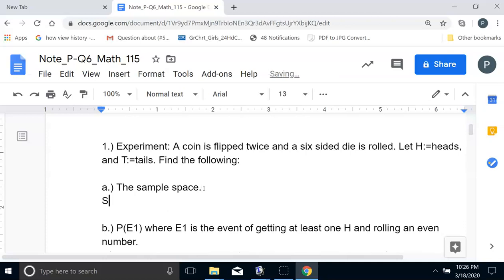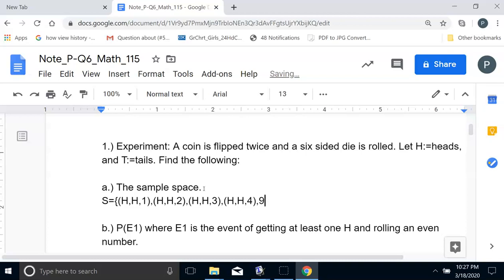So we're going to label it as S and put a brace. Then we could have 2 heads and a 1. We could have 2 heads and a 2. We could have 2 heads and a 3. We could have 2 heads and a 4.